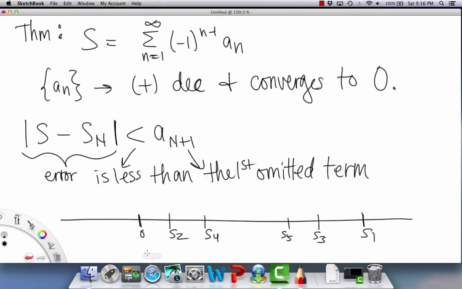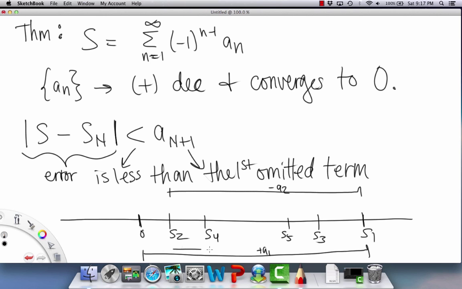Let's say we have a1 going across here, so plus a1, and then a minus a2 going from here to here, and then a plus a3. I'll do one more after this, the minus a4.